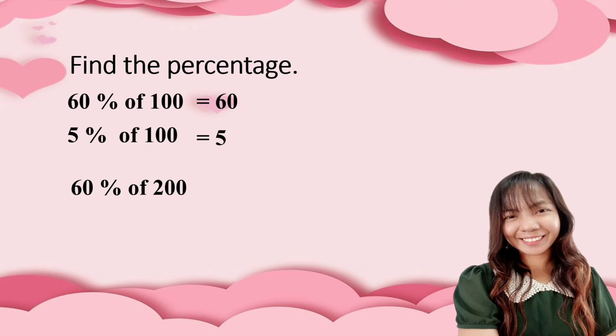So which means if 60% of 100 is 60, then 60% of 200 is 120. So just times it by 2. Okay? Because in 200, there are two 100s. So 60 times 2, 120.